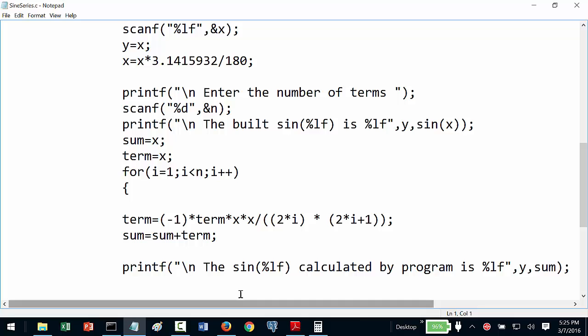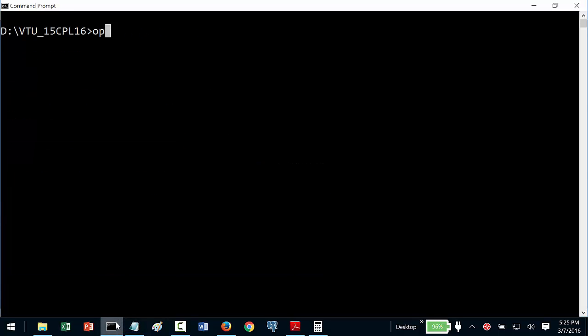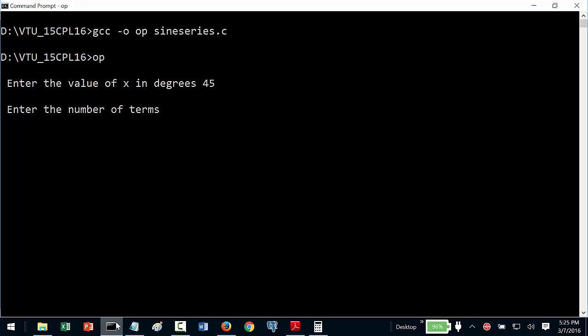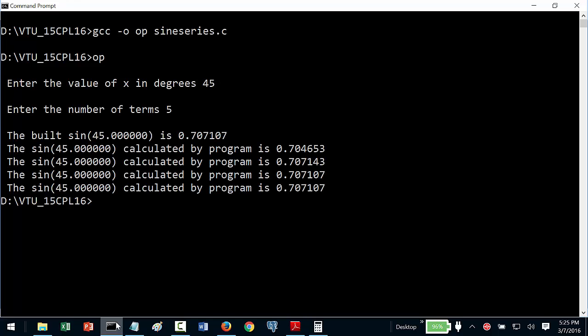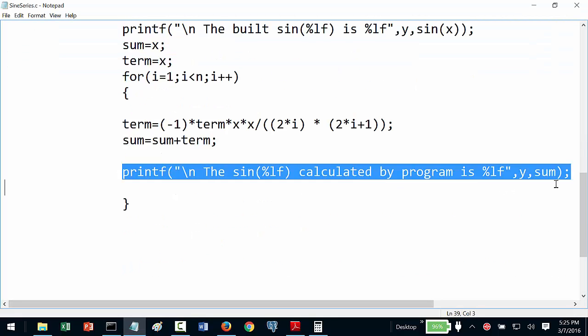So we'll go back, do the OP. So we have 45 degrees. We'll give 5 terms max. Perfect. See, only in the third term we are able to get this value. So there is no need for us to put this in the loop.